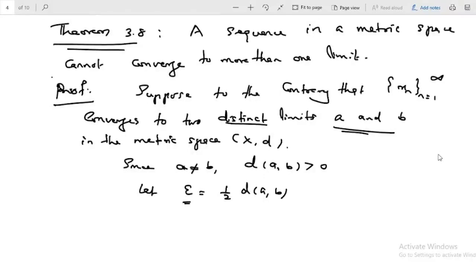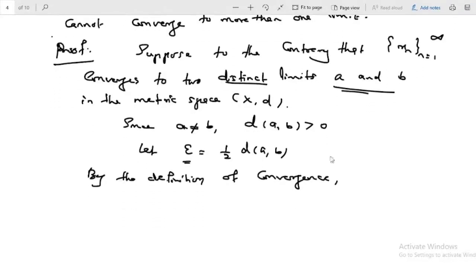there exists a positive integer N such that for every n greater than or equal to N, distance between x_n and a is less than epsilon. Again, x_n converges to b, another positive integer N. Therefore, by the definition of convergence, ഈ a യിലേക്ക് കൺവേർജ് ചെയ്യുന്നതിനും b യിലേക്ക് കൺവേർജ് ചെയ്യുന്നതിനും നമുക്ക് ഇന്റിജേഴ്സ് ആഫ്റ്റർ സം പ്ലേസ് പറയാൻ വേണം.